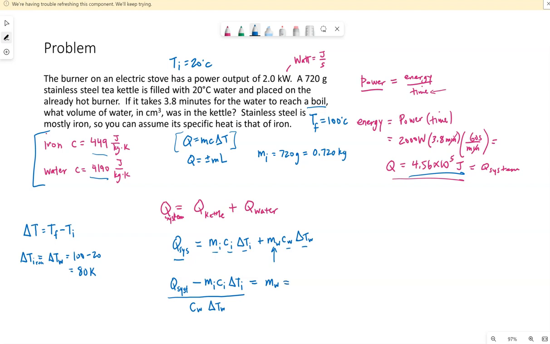Now, we are looking for volume, but let's go ahead and get the mass first. So we know the energy going into the system, the mass of the iron, the C of the iron, and the change in temperature of the iron. Dividing by C of the water and the delta T of the water, this is going to give us the mass of our water.